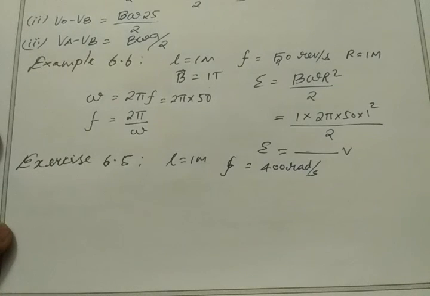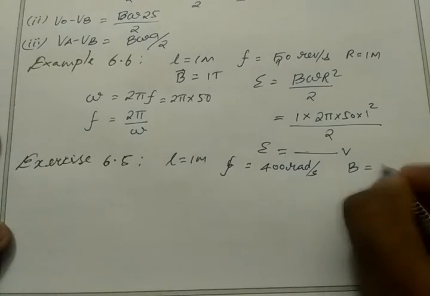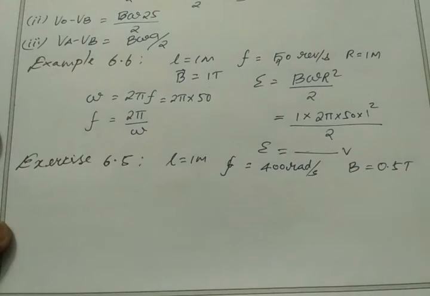It is rotated normal to the rod through its one end, and the other end of the rod is in contact with a circular metallic ring. A constant and uniform magnetic field of 0.5 Tesla, the value of B given, parallel to the axis exists everywhere. Calculate the EMF developed between the center and the ring.